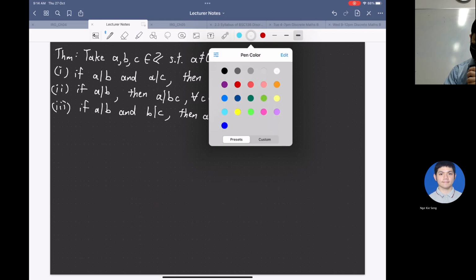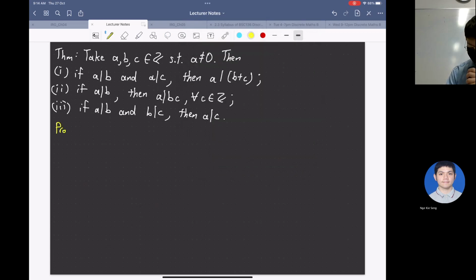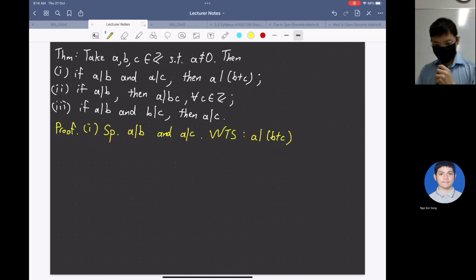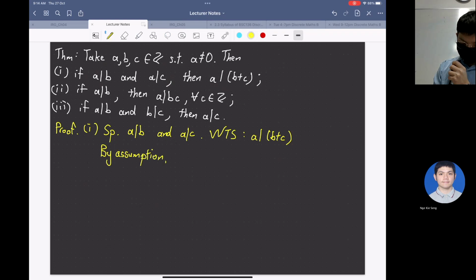So let's see why it is true for one of them. Why is it that if A divides B and A divides C, then A will divide the sum of them? Suppose A divides B and A divides C. What we want to show is that A divides B plus C. So we recall the definition.